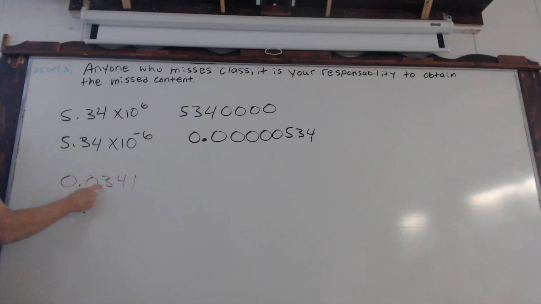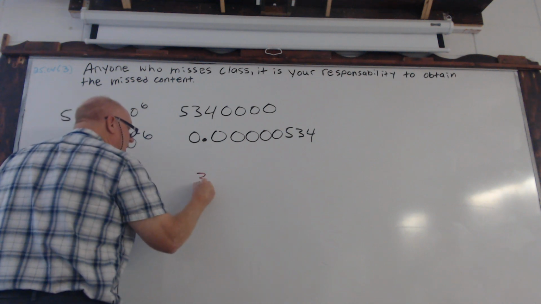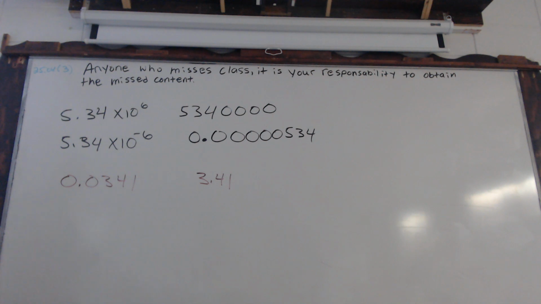Here you'd have 0.3. Here you'd have 34. So that's why it has to land right in that spot. Okay? So we're going to the right 2 times. So we know we're going to have 3.41. But this is the tricky part.